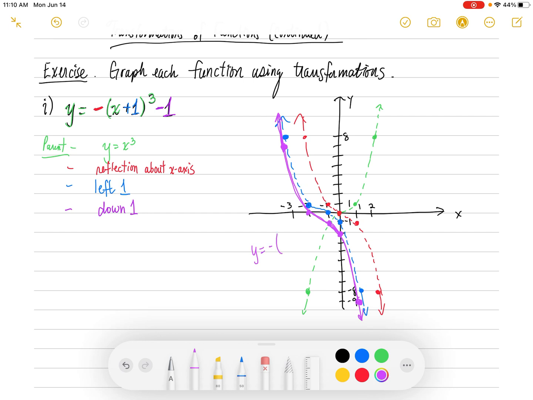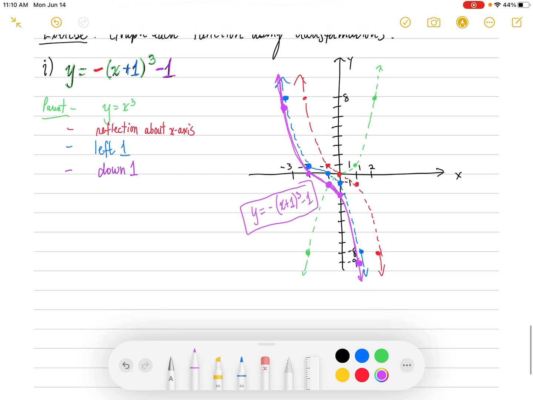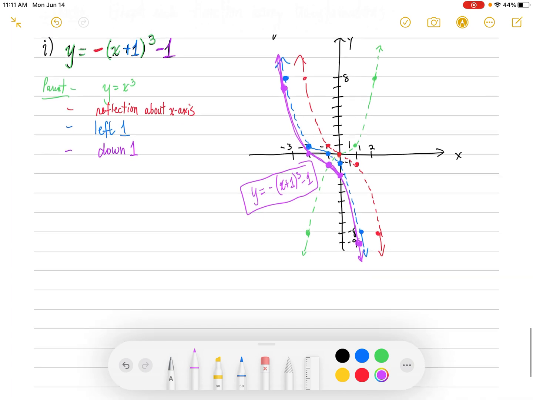So our final graph is the violet one. I'm going to say this is y equals minus, parentheses, x plus 1, quantity cubed, minus 1. So the inflection point is right here at negative 1, negative 1.